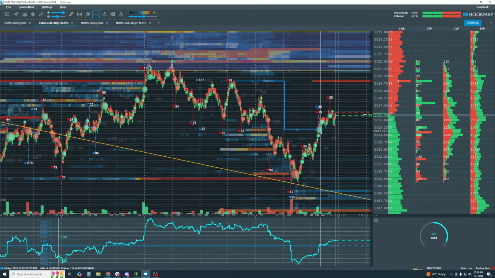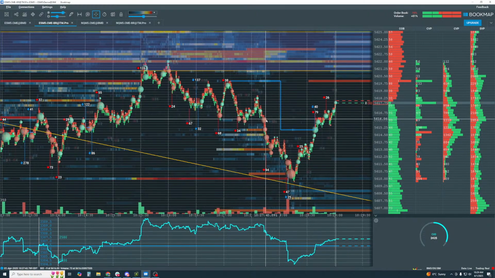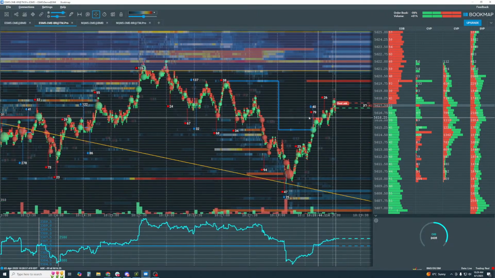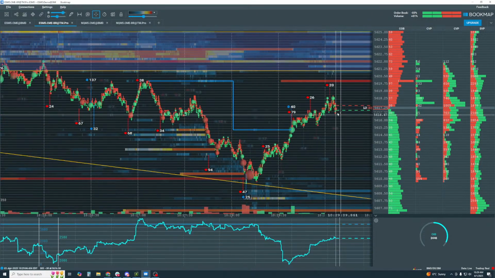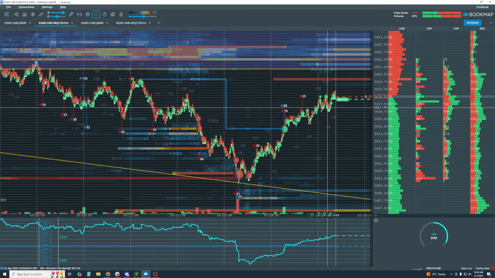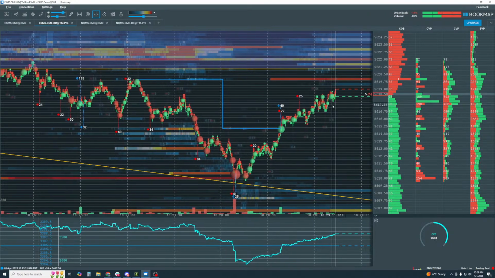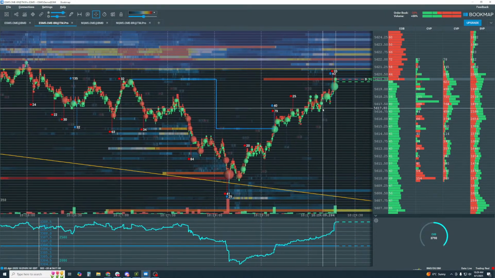Okay, so now we can look for, again, let's see if these sellers are for real in here. They're getting a little bit squeezed here. See if we get some exhaustion in here, some sort of distribution pattern in this little area now. Kind of looking. Not getting it.